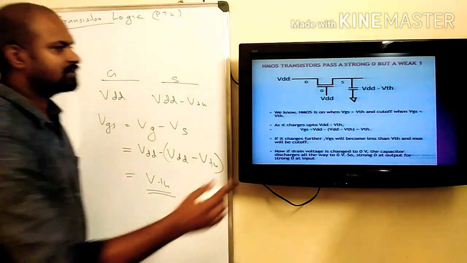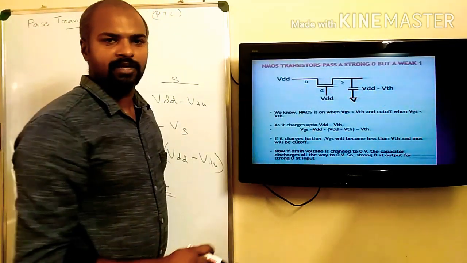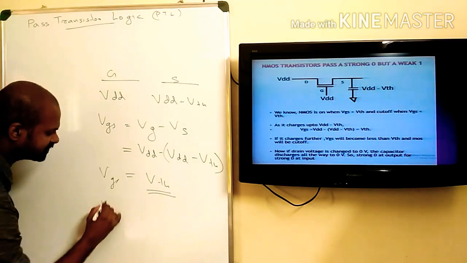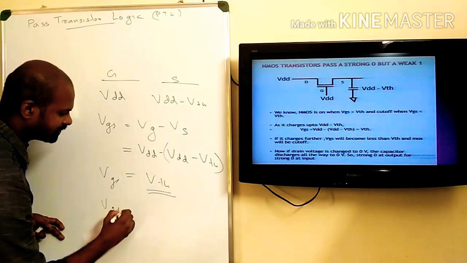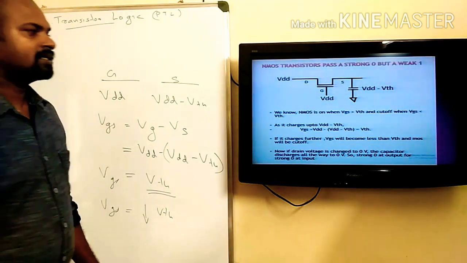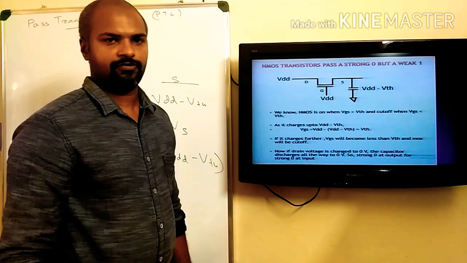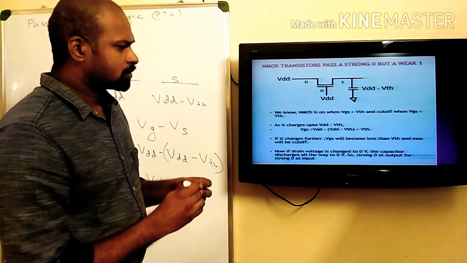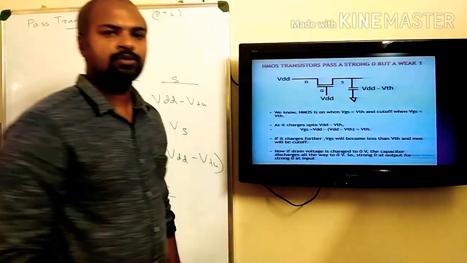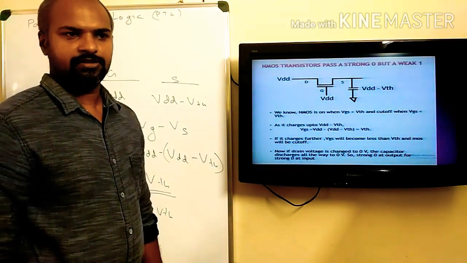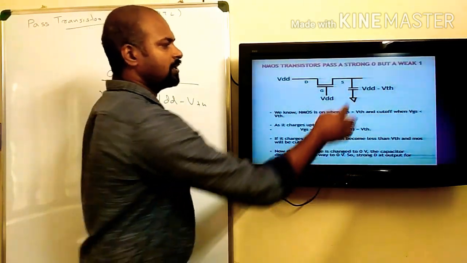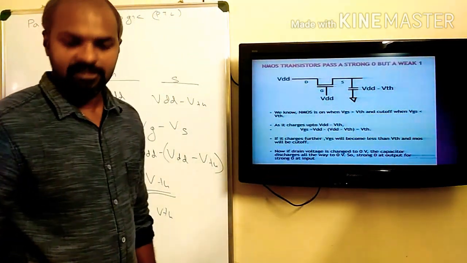If this capacitor charges beyond VDD minus VTH, the VGS will be smaller than VTH, which means this transistor will get turned off. That's a problem. So the maximum voltage that can be charged at this point is VDD minus VTH. Instead of VDD itself, our logic 1 at the output side will be VDD minus VTH.